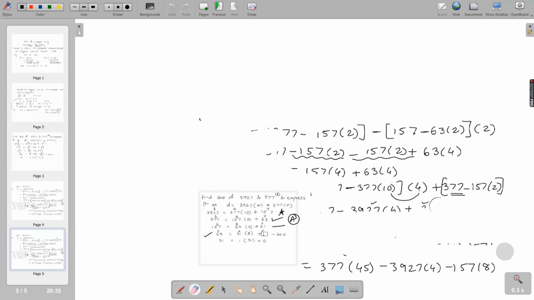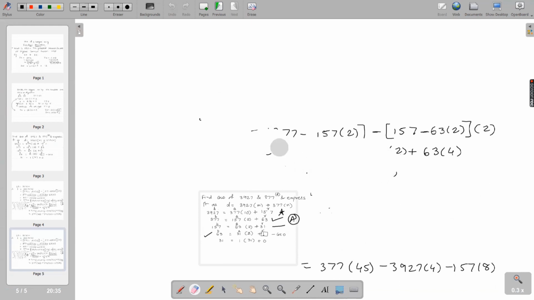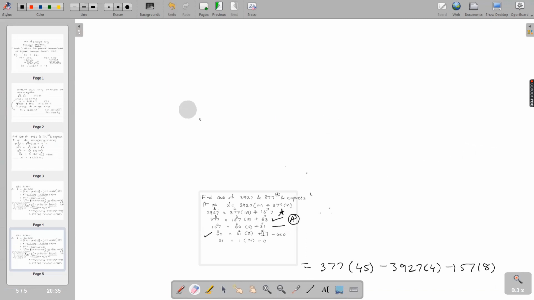This is my last expression. So every problem will be different as the Euclidean algorithm steps would be different. So right now 1 is equal to 377 into 45 minus 3927 into 4 minus 157 into 8.